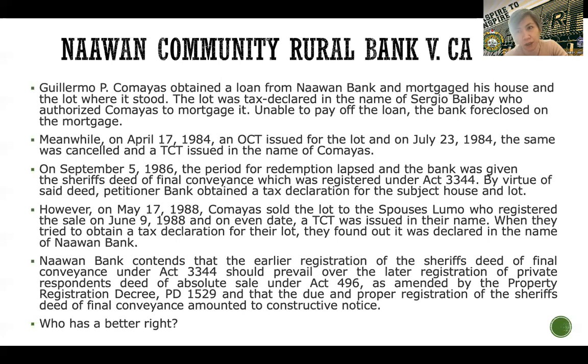So of course, litigation commenced, and the bank argues that it is the first registrant in good faith. Kaya na-register man ang deed of final conveyance under Act 3344. And it should prevail over the later registration of the buyers ni Comayas, kaning spouses Lumo.